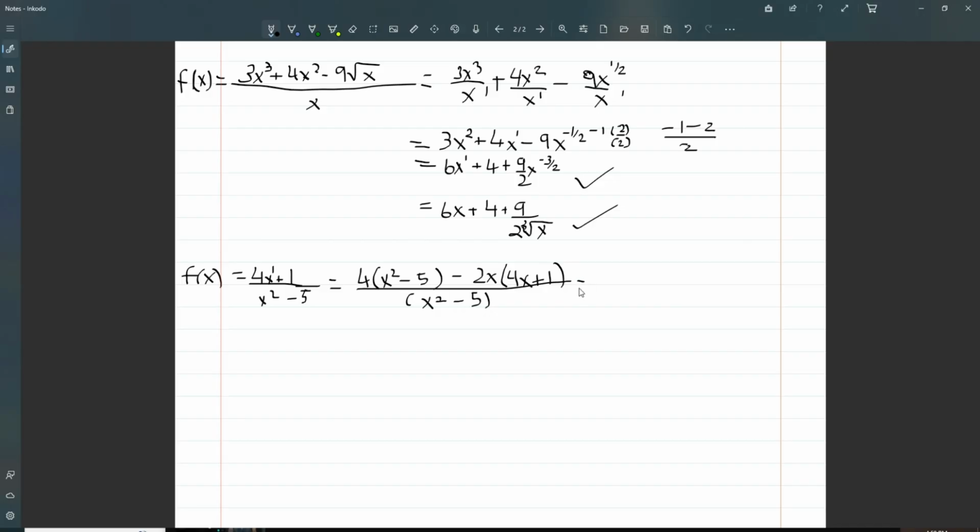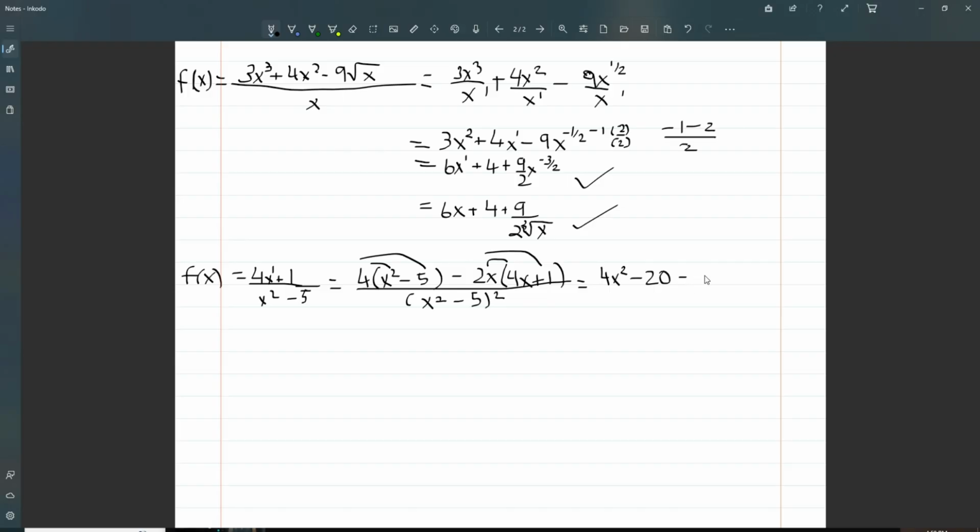So we can simplify the numerator even further. I'm sorry, I forgot to square that. Even further, right? So let's distribute the 4, let's distribute the 2x, and later we'll distribute the negative. Okay, so 4 times x squared is 4x squared. 4 times -5 is minus 20.